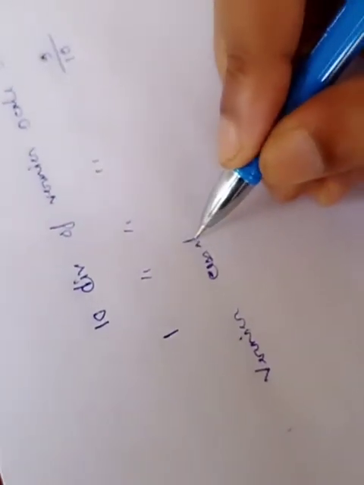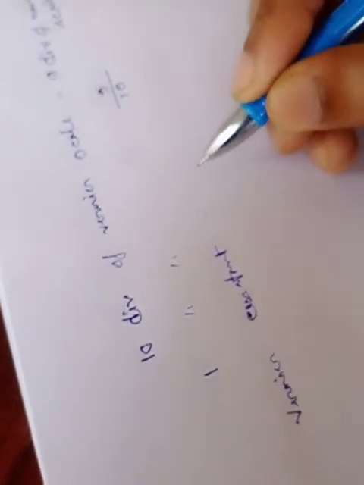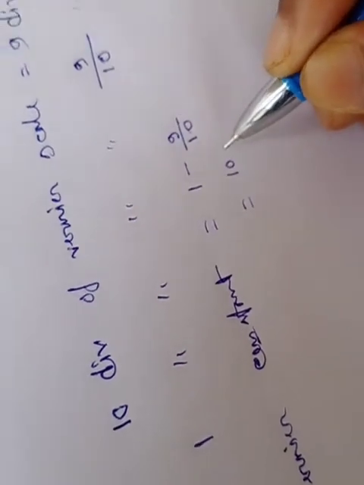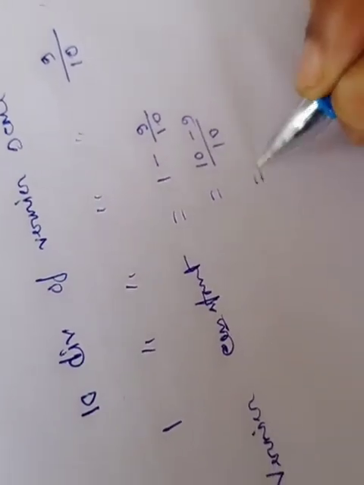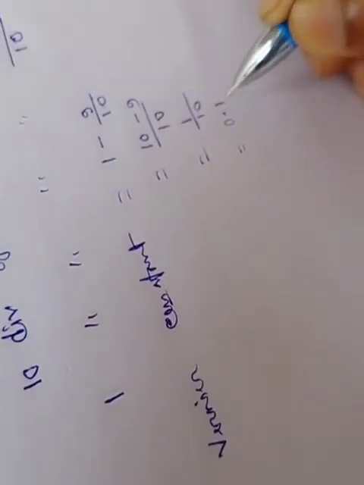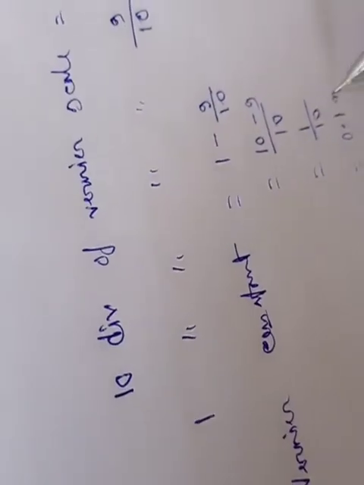That means 1 division of the vernier scale is equal to 9 by 10 division of the main scale. So the vernier constant is the difference between the divisions, that is 1 minus 9 by 10, that is 10 minus 9 by 10, that is 1 by 10, that is 0.1 mm.